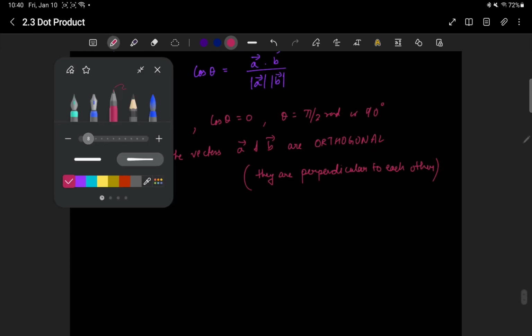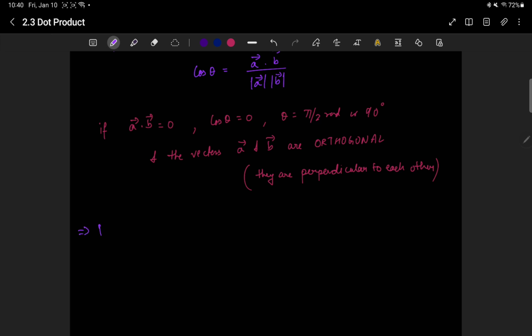And a consequence of this is that dot products tell us about the relative orientation of two vectors. That is, they have something to do with angles.